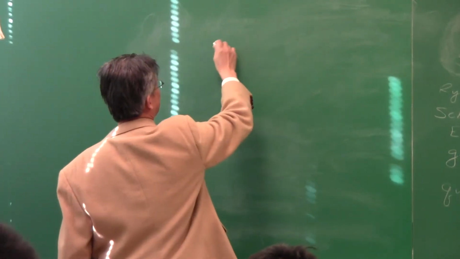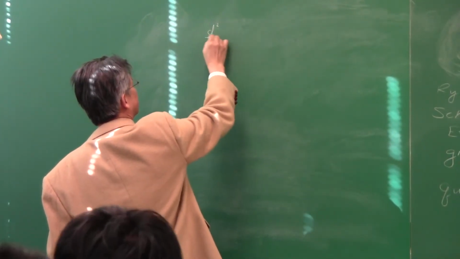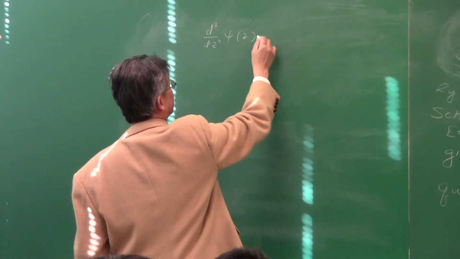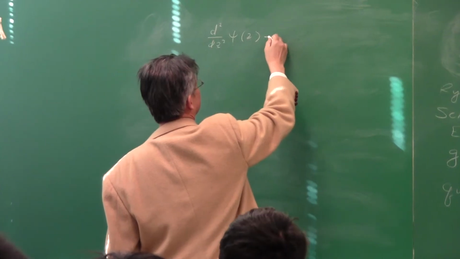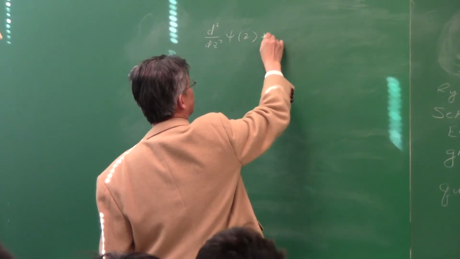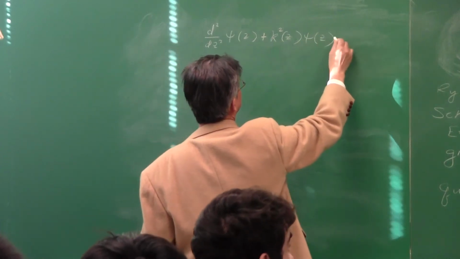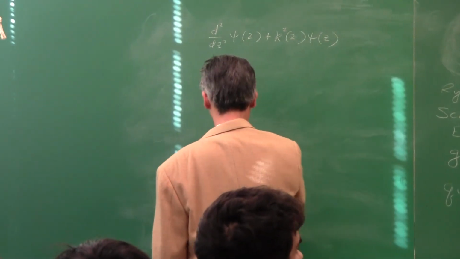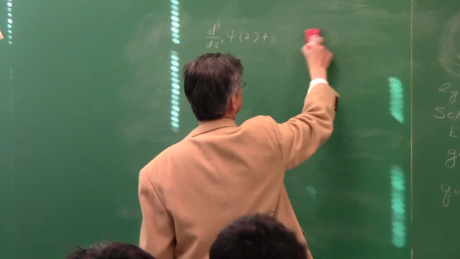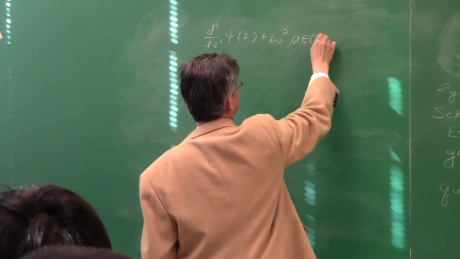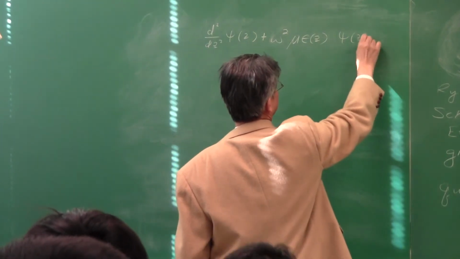If you have a dielectric waveguide in one dimension, you learn that Maxwell's equations can be written in this manner. Maybe something like plus k squared psi of z. Maybe I can write this as omega squared mu epsilon of z, psi of z, equal to 0.